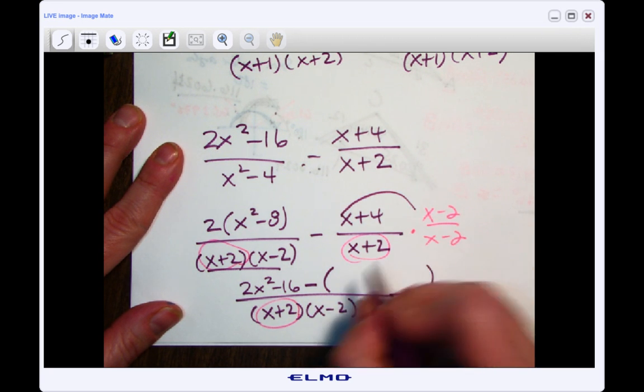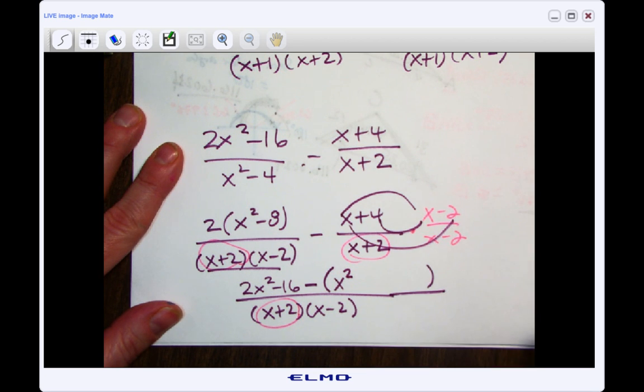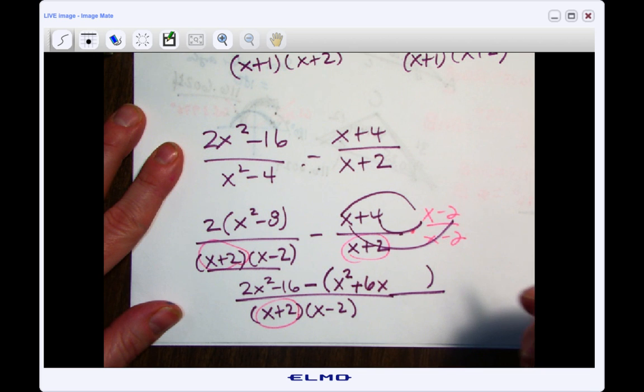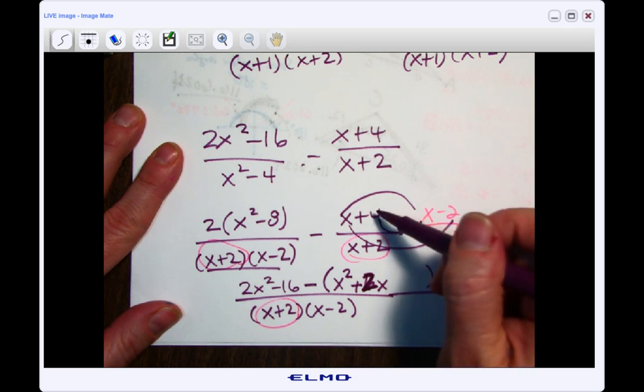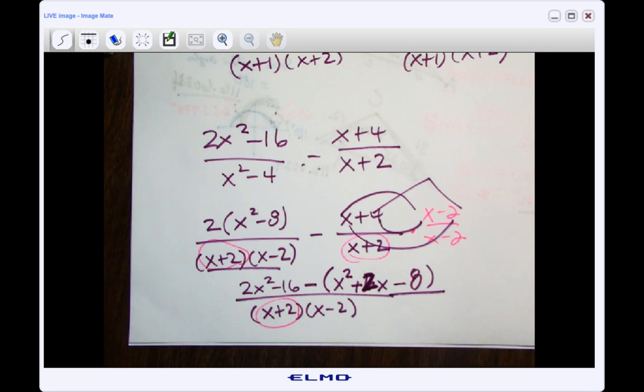So it's going to be x squared plus 4x minus 2x, so that's going to be plus 6x. No, sorry, plus 2x. Plus 4 minus 2. I just said with my own mouth and then wrote the wrong thing. Minus 8. Okay?